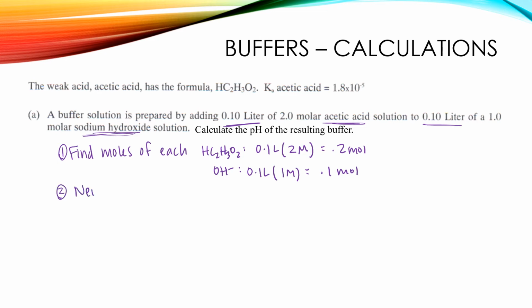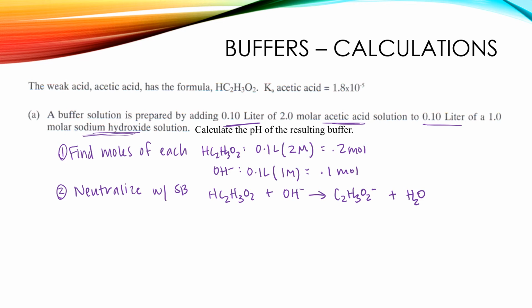Then I'm going to neutralize with my strong base. So acetic acid plus hydroxide is going to create my acetate ion plus water. That's my neutralization reaction. I have my weak acid plus a strong base.